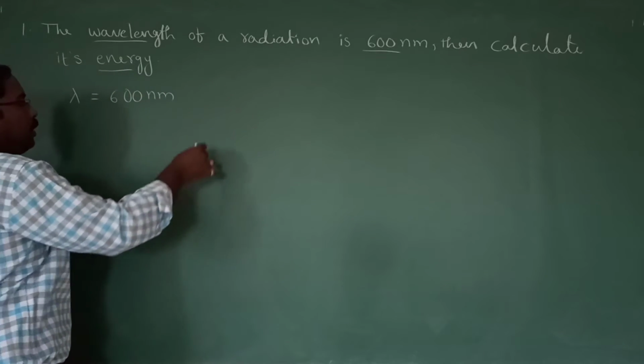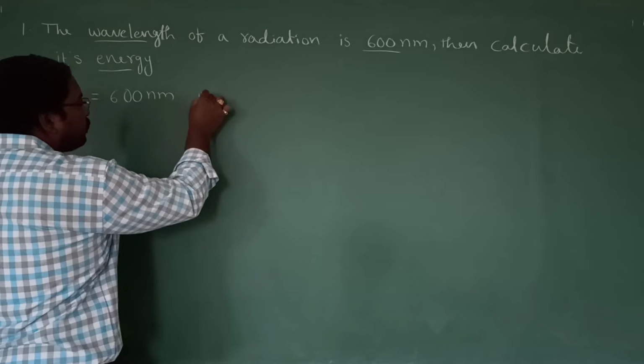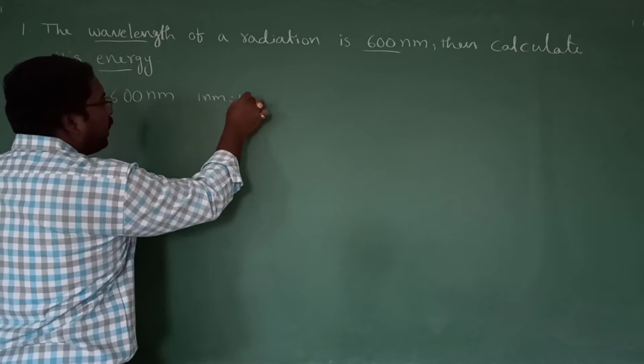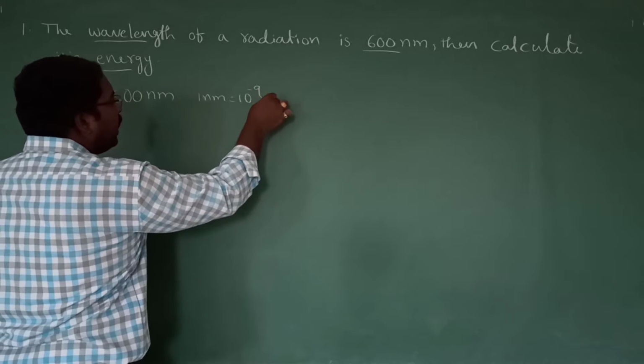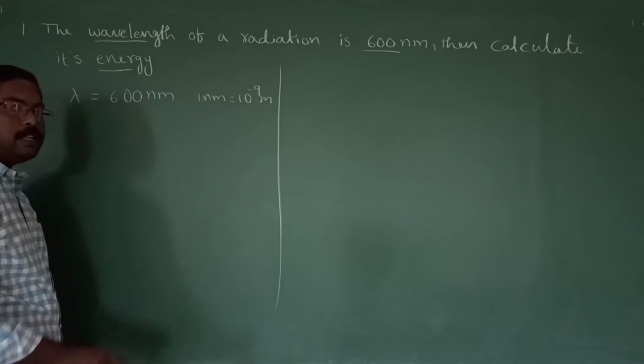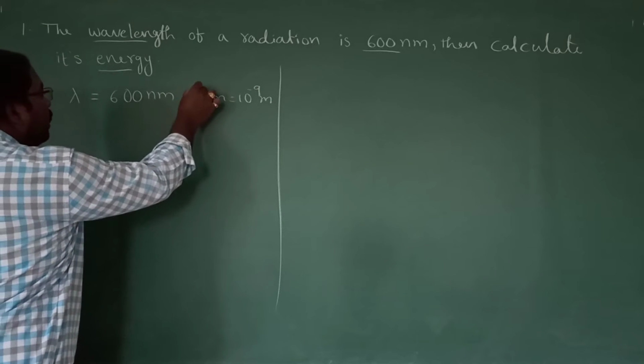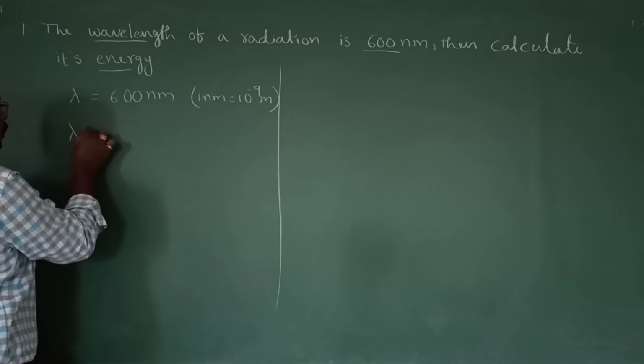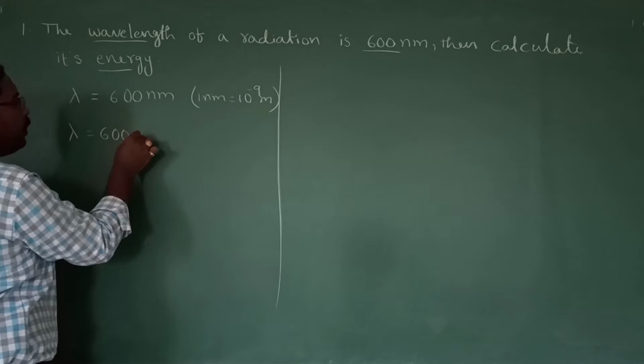We all know that 1 nanometer is nothing but 10 to the power minus 9 meters. So first let us convert these nanometers into meters. So lambda is equal to 600 they gave.